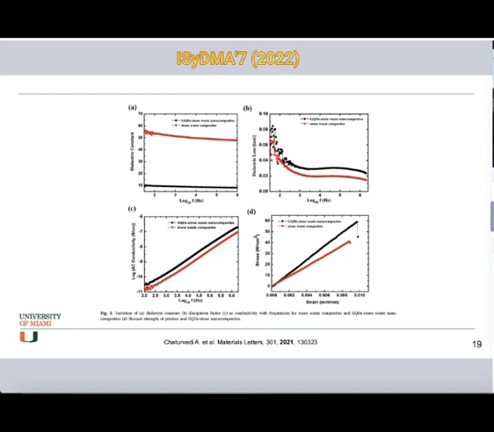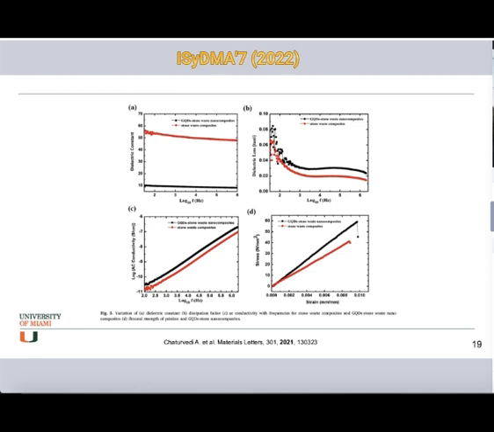The first one, A, is the variation of the dielectric constant. In both samples, we see the dielectric constant decreasing with increasing frequency, due to the contribution of dipolar, electronic, ionic polarization and space charge polarization. The stone waste exhibits a dielectric constant of 55, but the carbon dot stone nanocomposite shows an ultra low dielectric constant of 10 at the same frequency.